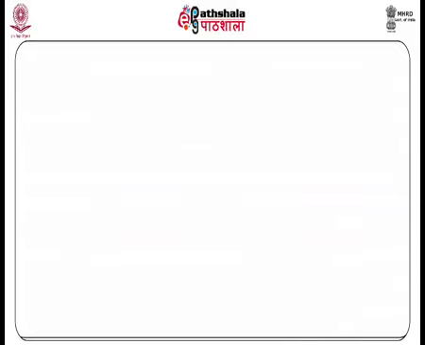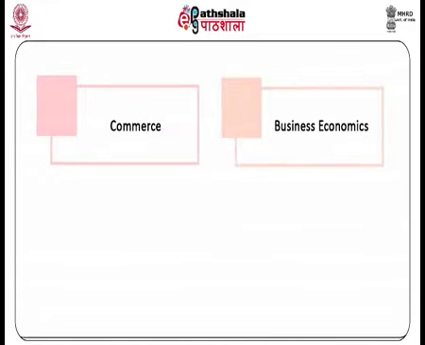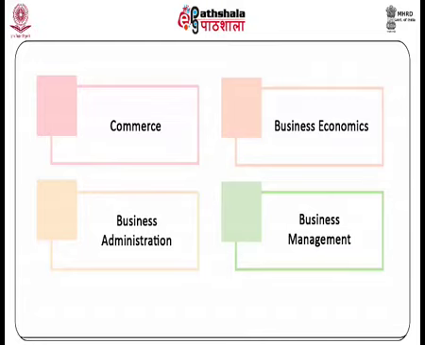Other subjects or courses that have emerged from economics are commerce, business economics, business administration, and business management. Undergraduate courses in commerce and business economics compulsorily include courses or papers in economics.